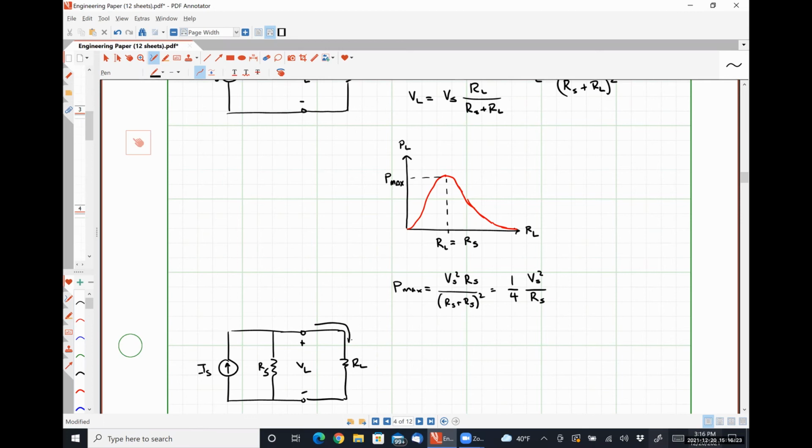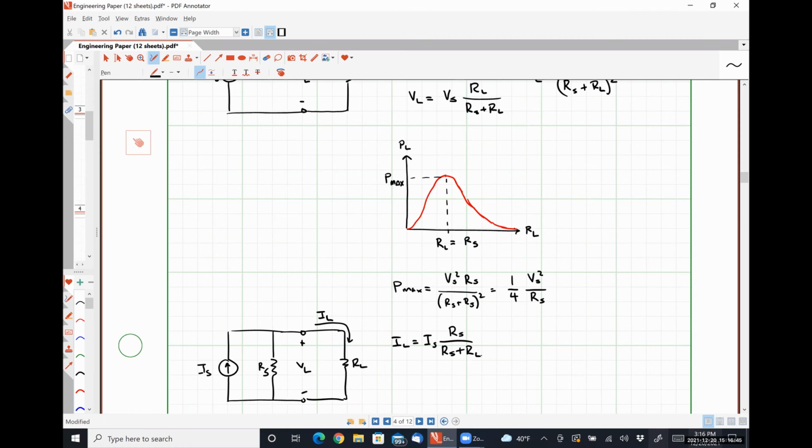Here's VL, here's IL. So using current division, we'll find that IL is Is times Rs over Rs plus RL.